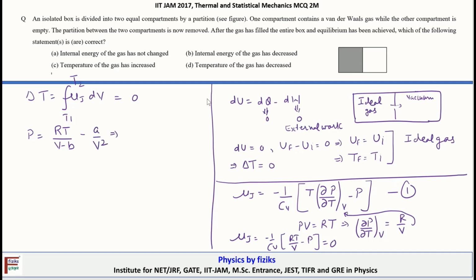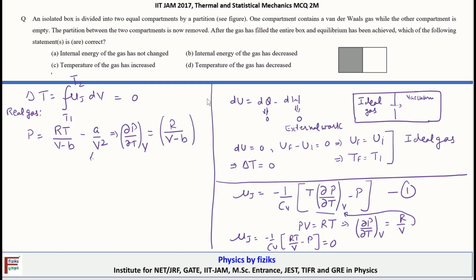So this implies dP by dT, because we want to evaluate the Joule coefficient now for the real gas, or you can say the van der Waals gas, dP by dT at constant volume, and this will be equal to R upon (V minus b), because the other term will give us 0. It's going to be a constant quantity.